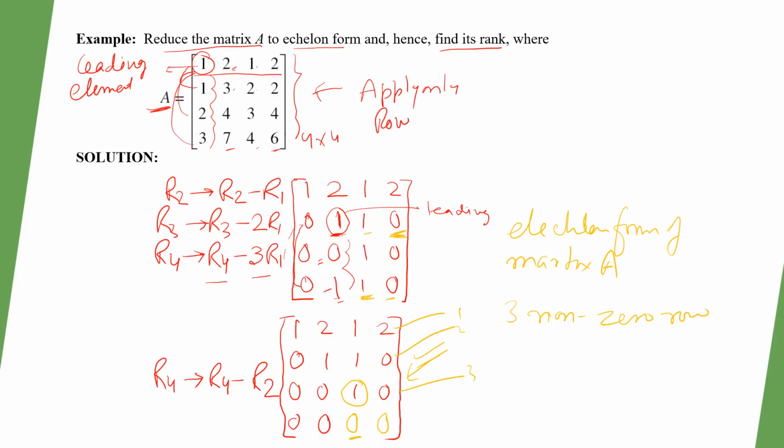So we can say the rank of the matrix is 3, because one row is completely 0. We have only 3 non-zero rows in the Echelon form of that matrix. So the rank of the matrix is 3.